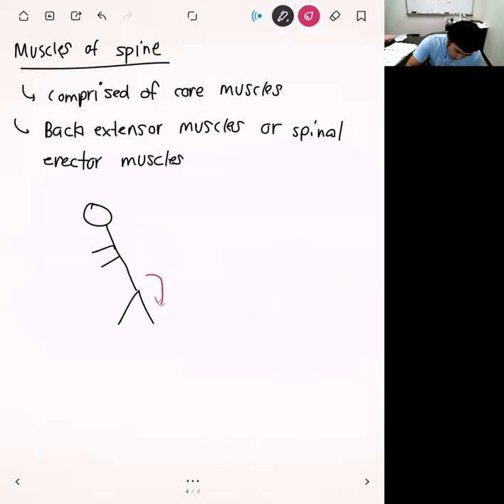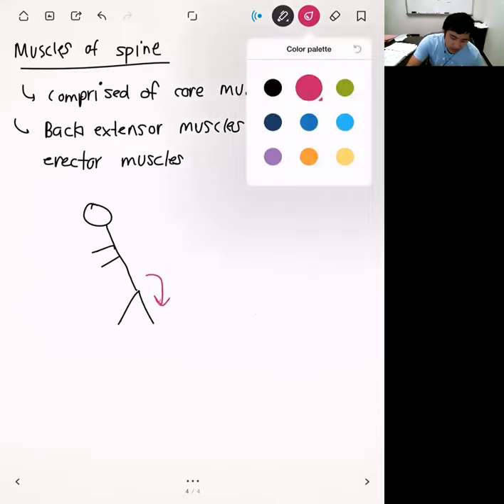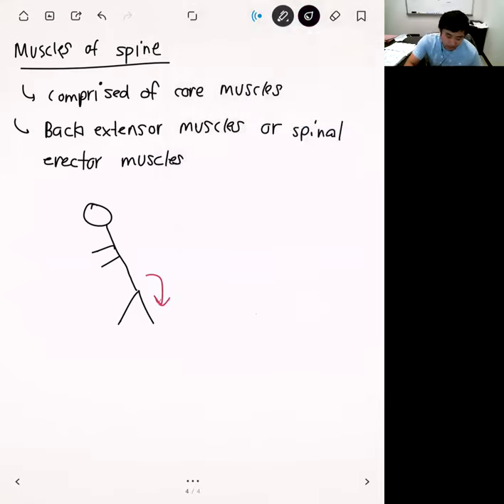By producing a moment in that direction, it's going to cause your back to straighten out. After applying this moment, the person might stand up just like that. These muscles are almost always active, because they're one of the key muscles that help you maintain your balance of the upper extremity.